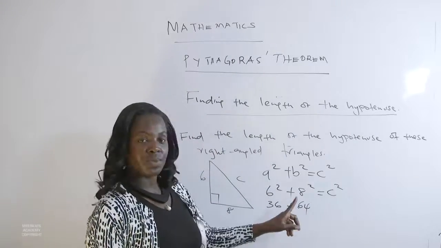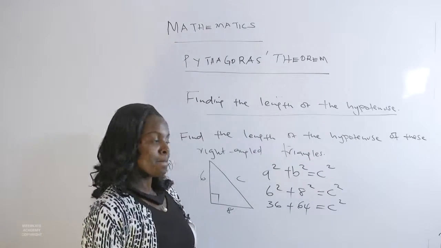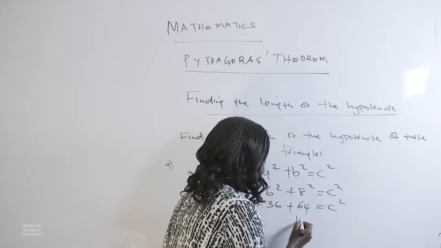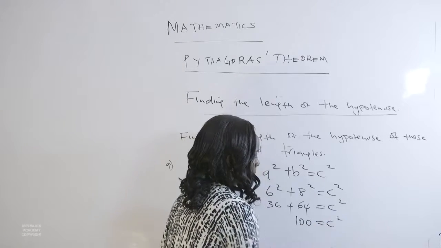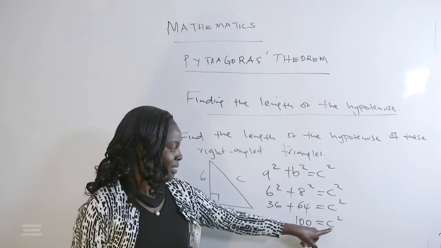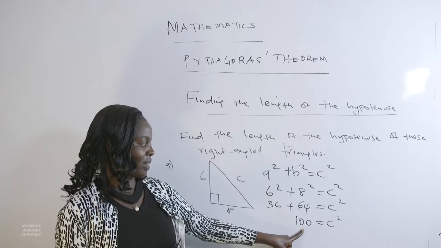If we add the two, that should give us c squared. 36 plus 64, we know that will be 100. So what this statement means is that c squared is equal to 100.